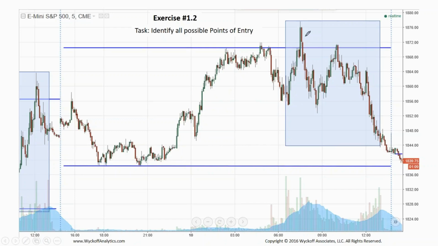Well, the next one is kind of obvious, right? We are upthrusting and reversing. So on this trade, we could consider this as the first target, this as a second target. Would you wait for a test of the upthrust, or just enter on the reversal?